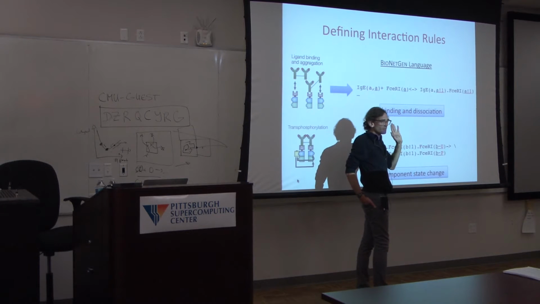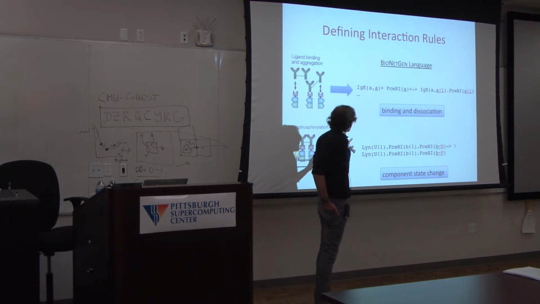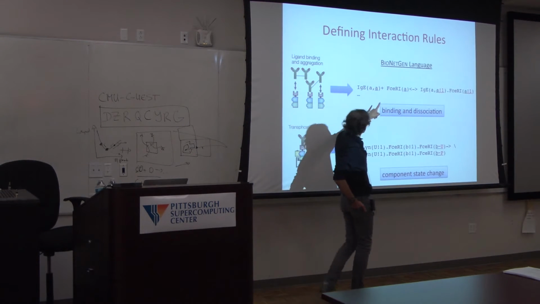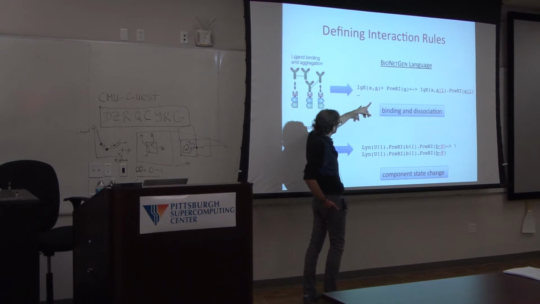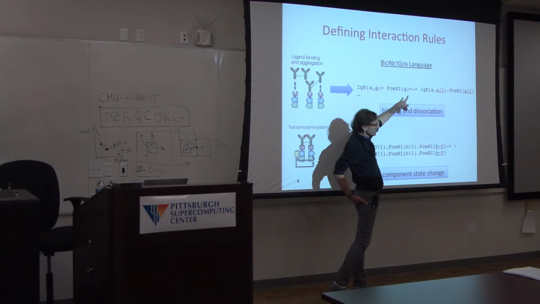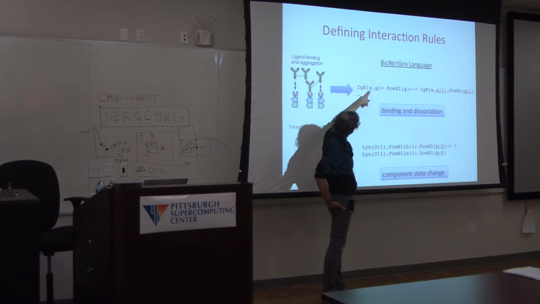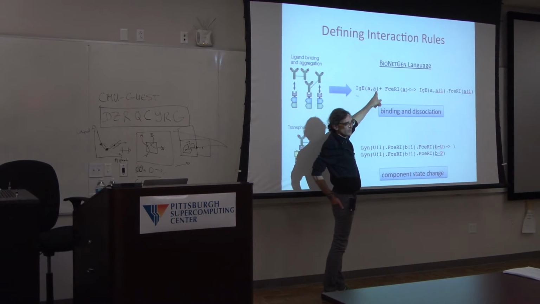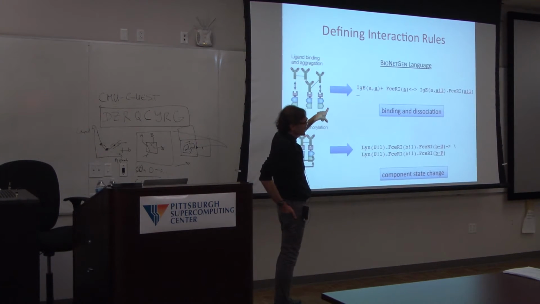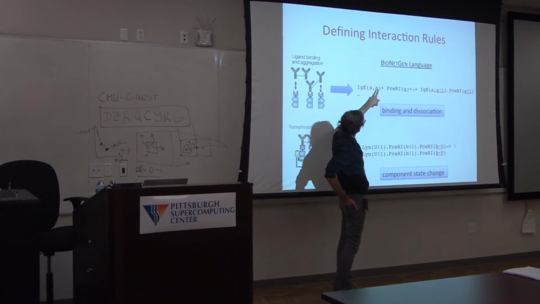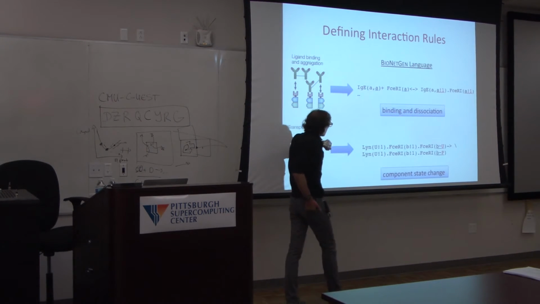So we see, just a pragmatic language aspect, the namespace of components is protected by the space of molecules that it appears in. So I can have two components on different molecules named the same thing, and I can have two components on the same molecule named the same thing. As far as I know, BioNetGen is the only rule-based language that has that particular feature, that you can have identical names for components of molecules.